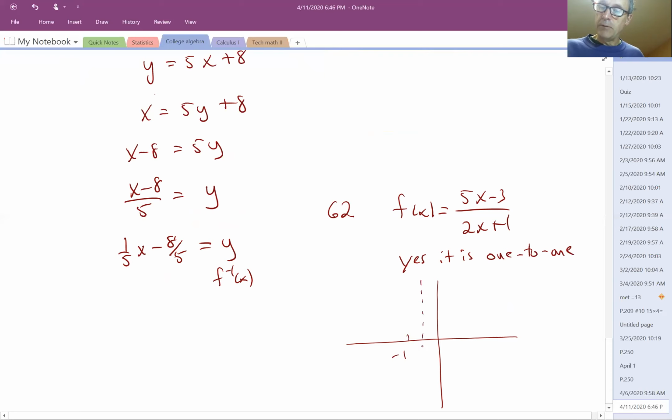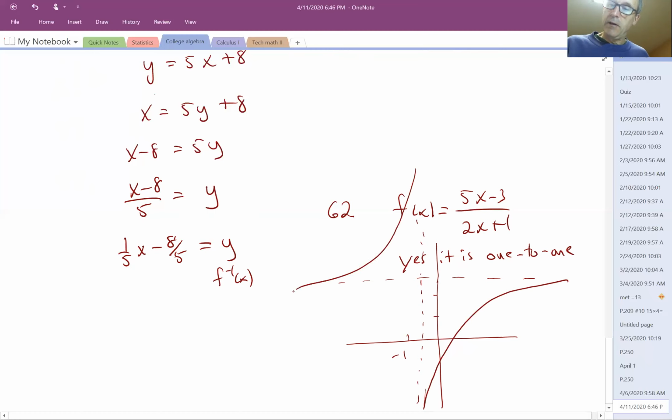Got a vertical asymptote here. I encourage you to put this on your graphing calculator. Got a horizontal asymptote. I know we did not discuss those. It does something like this, and it does something like this. Kind of screwing the equation up, but it is 1-to-1.